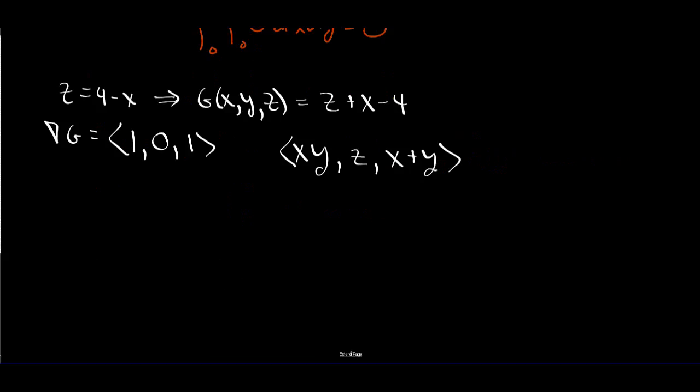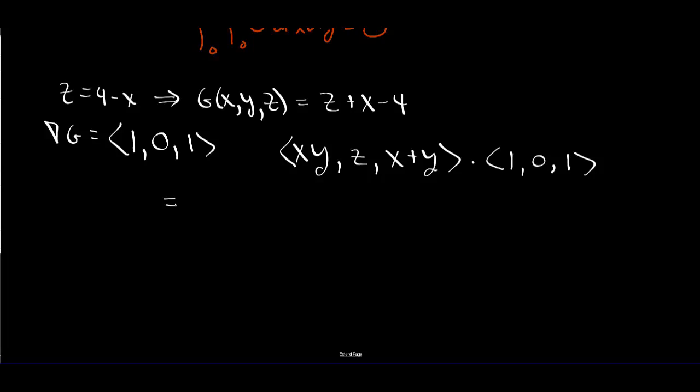Okay, now, if I find the dot product, notice every time we're doing the exact same thing. We're finding a normal vector, and we're dot producting it with the vector field, not the gradient of the vector field.